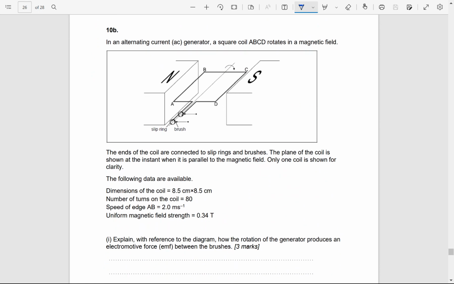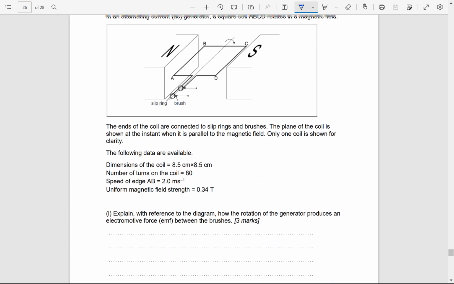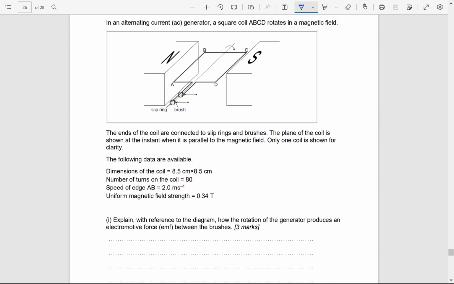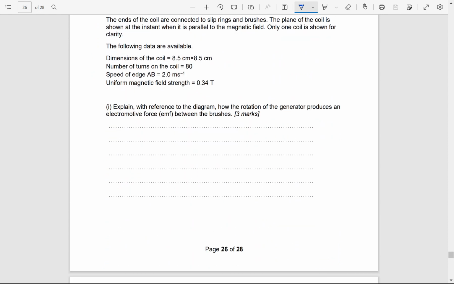In an alternating current, an AC generator, we've got a square coil rotating in a magnetic field. Explain, this question was not done very well. 3 marks, it was yours for the taking. Explain with reference to the diagram how the rotation of the generator produces an EMF between the brushes.